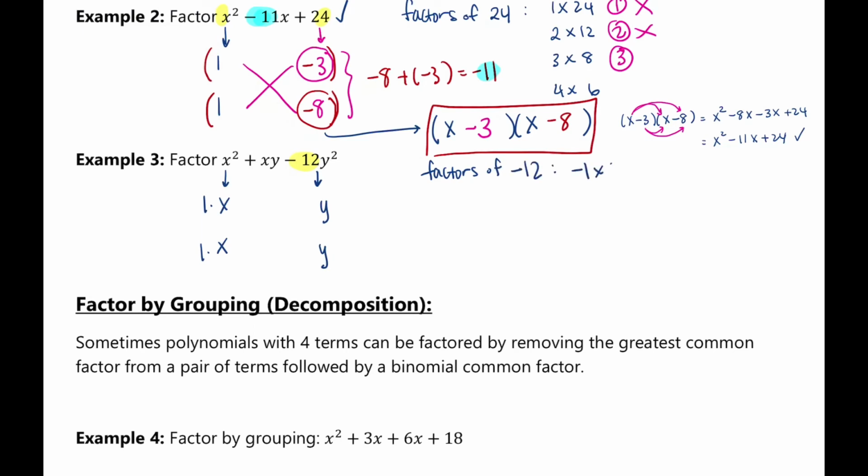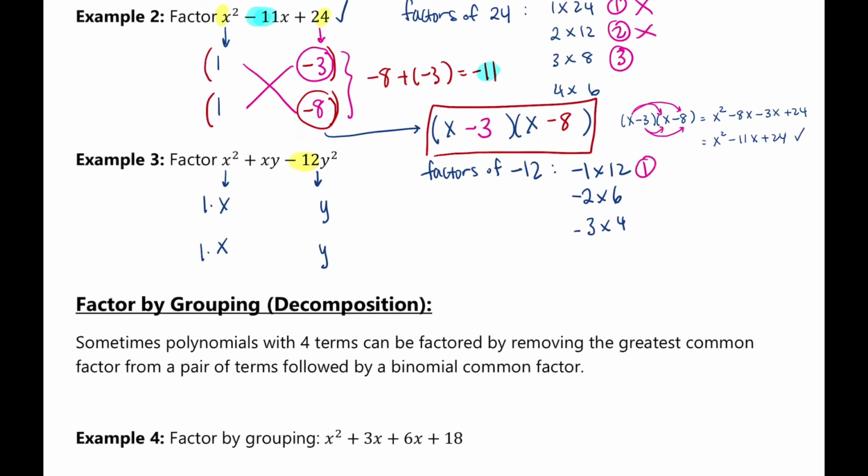Negative 1 times 12. And the negative sign could be either on 12 or 1, it doesn't really matter. You can try both. We have 2 times 6, and 3 times 4, equal to 12. So let's just put the negative there for now. All right, so let's try the first one here.